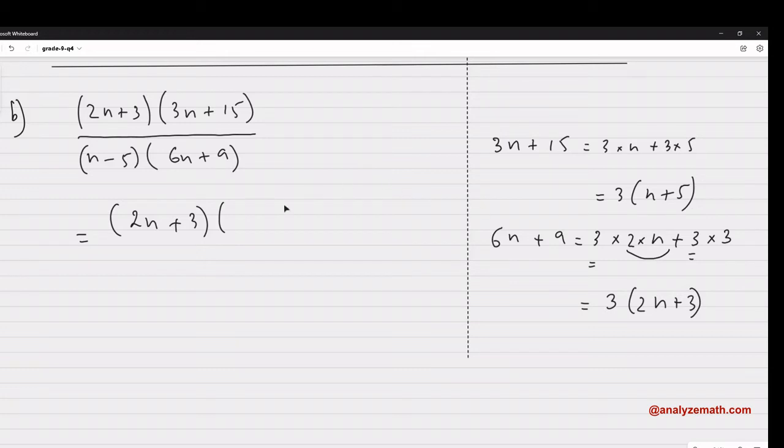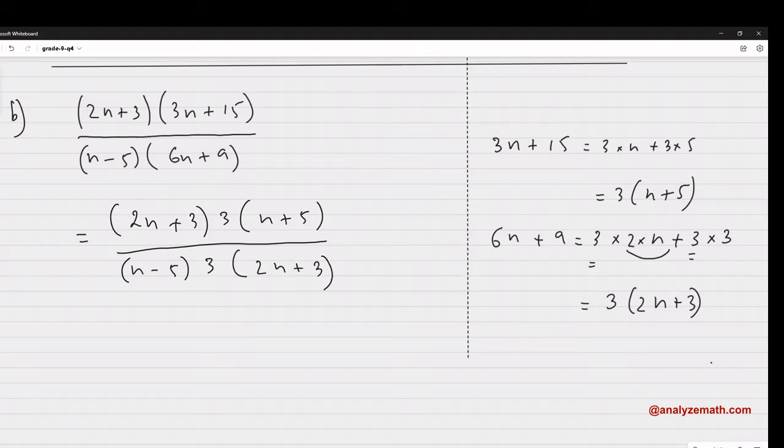So let's take this out first: 3 times n plus 5, and then n minus 5 stays as it is. 6n plus 9, we said we factored it here, so it's 3 times 2n plus 3.